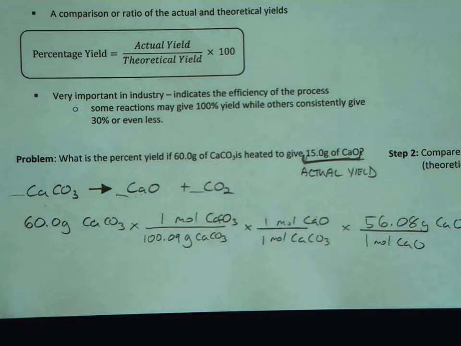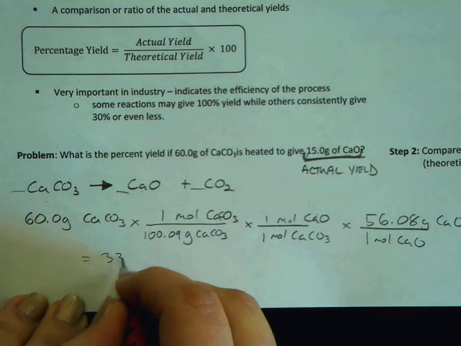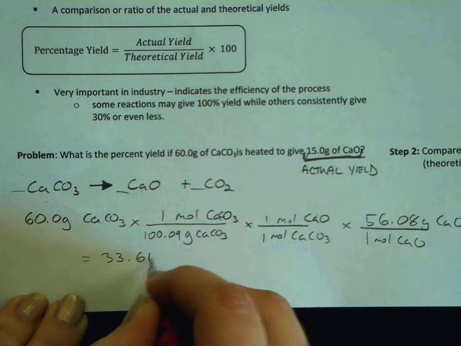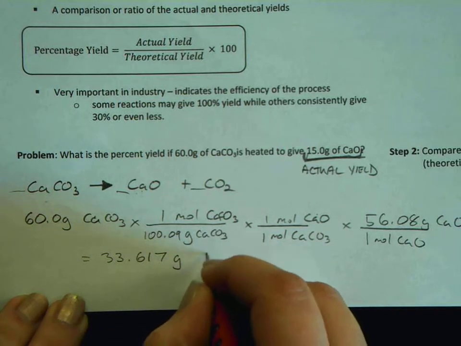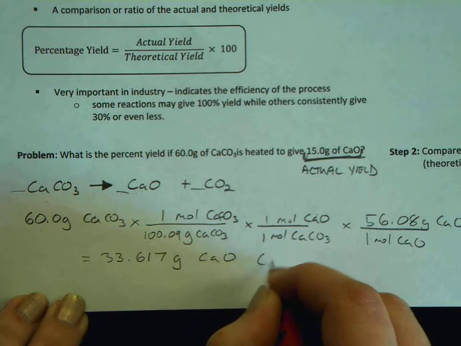So times 60 divided by 100.09, we get about 33.617 grams of CaO, and this is our theoretical.